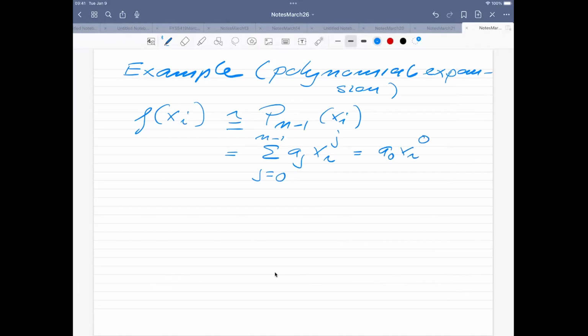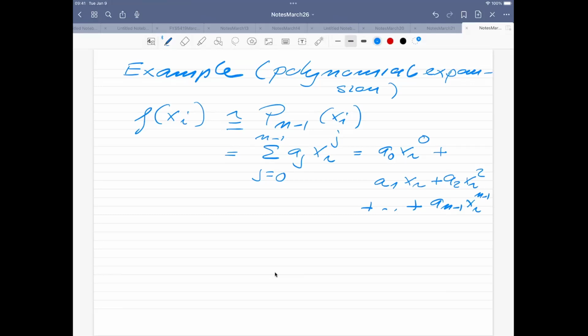So we would have x_i to the power of 0. This is just the intercept, a1 x_i plus a2 x_i to the power of 2, and then plus plus. And then we end up with a_(n-1) x_i to the power of n minus 1.